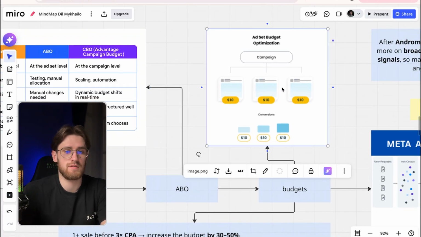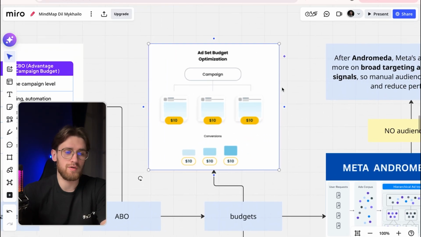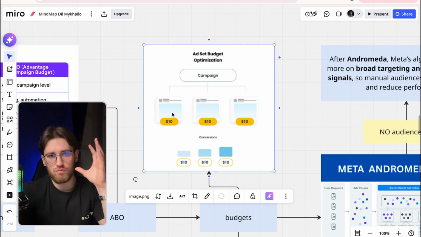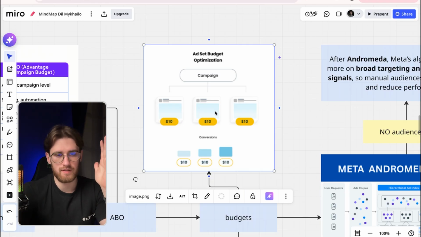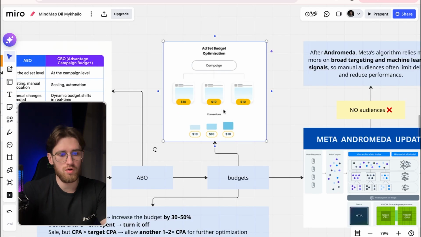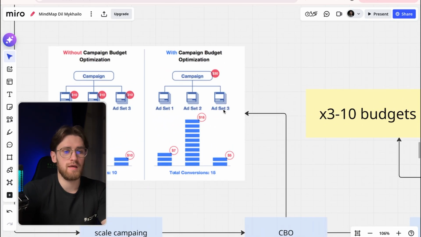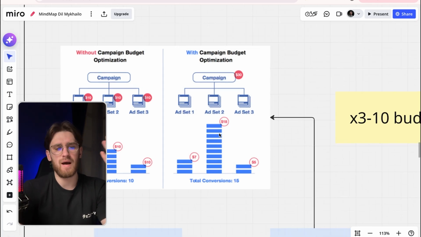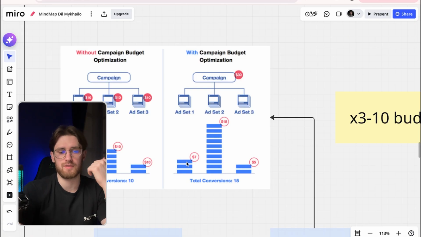But how does it work in real life? This is a very simple example. We have 3 different banners, for example, and we spend just $10 on each one. If we used CBO, one ad set could take much more budget than all the others. For example, one takes $5, another takes $7.